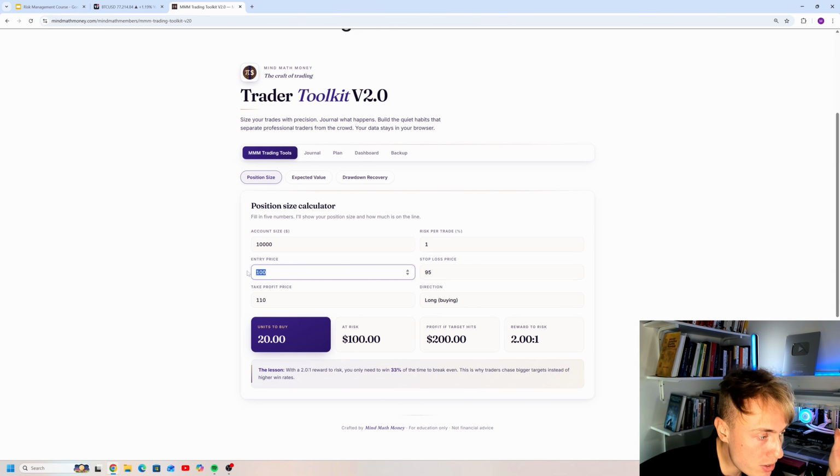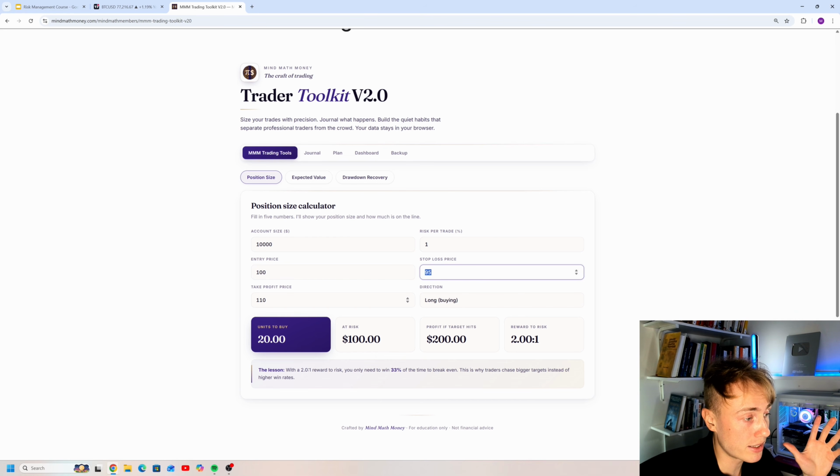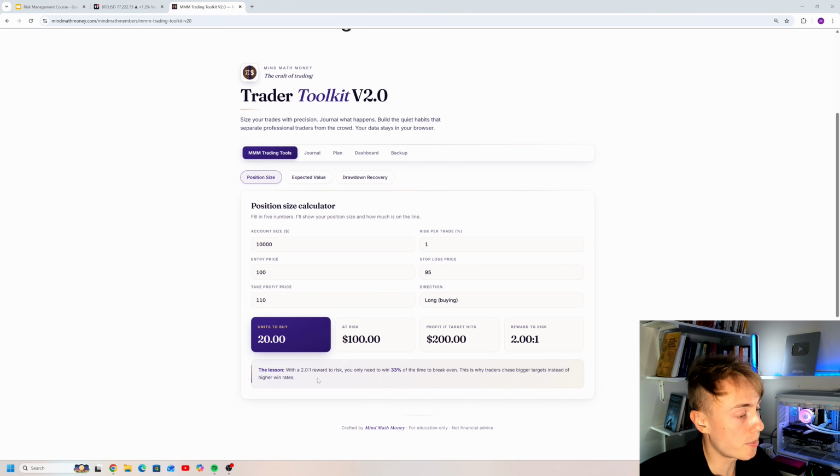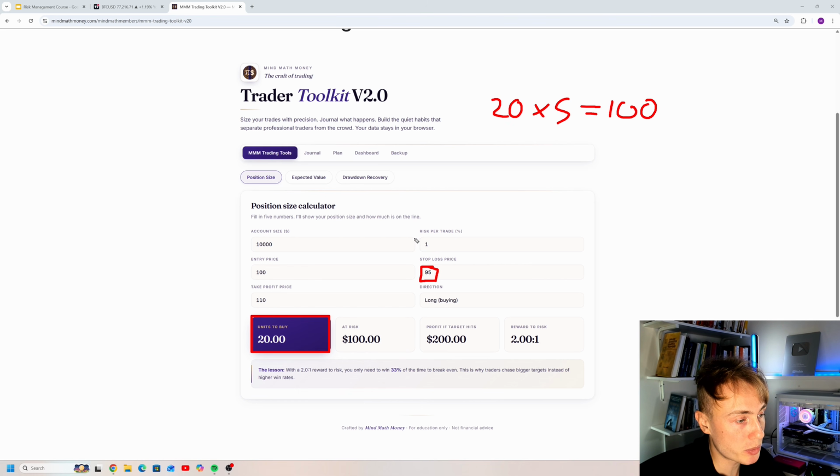And let's say our entry price is at 100 and our stop at 95, our take profit at 110. With this setup right here, we need to buy 20 units. Why? Well, because 20 times 5, remember here we lose 5 per contract, is equal to 100. And since we risk 1% of 10,000, that is 100. So that right there is the math.